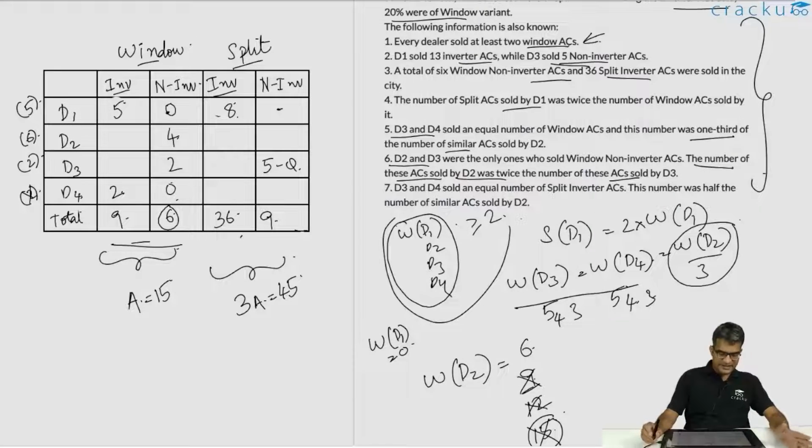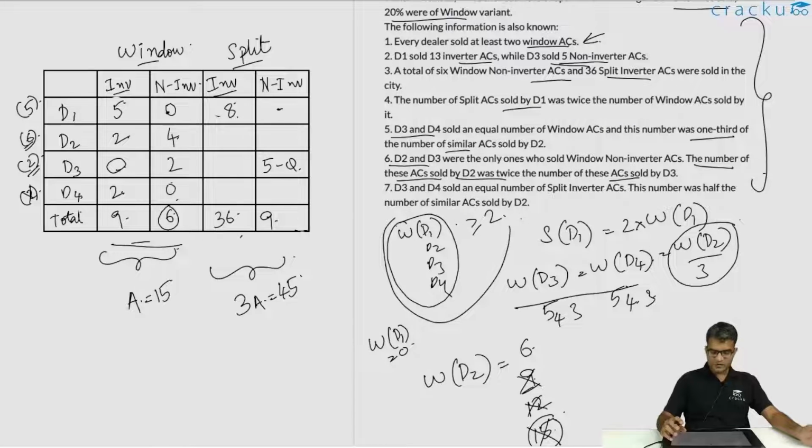This would imply that the number of inverter ACs of window variant sold by D3 is 0, because the total window ACs sold by D3 is 2. The total number of window inverter ACs sold by D2 will also be equal to 2, because this is equal to 6. So for window variant, we have completely filled the table for D1, D2, D3, D4 across inverter and non-inverter type.